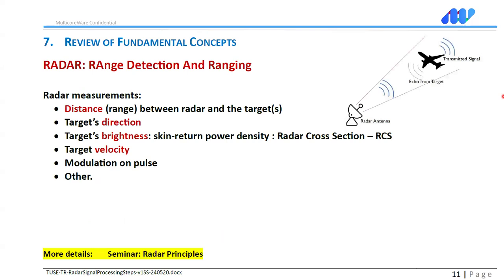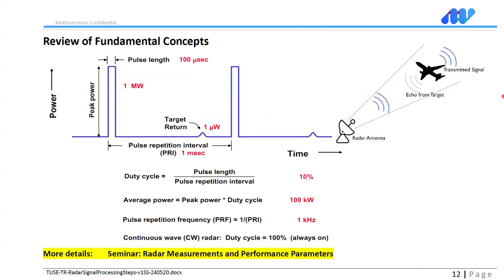Radar is radio detection and ranging. It started in World War II, by Russia and Germany and Britain, right in the beginning of the war, and it had certain effects in history. The main purpose is to measure distance, target direction, brightness, velocity, and much more, depending on the application.